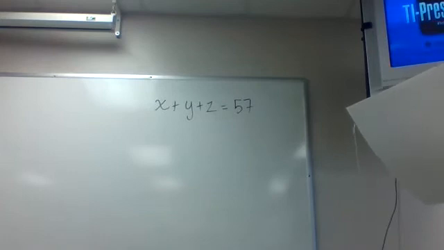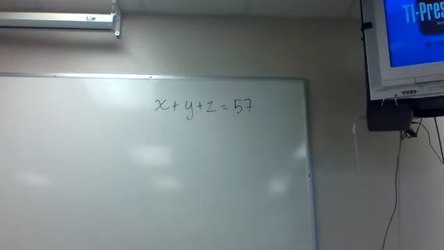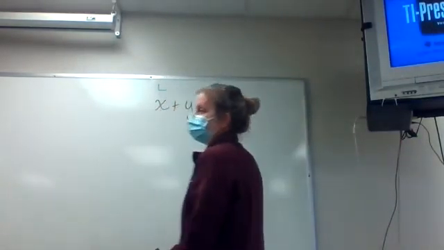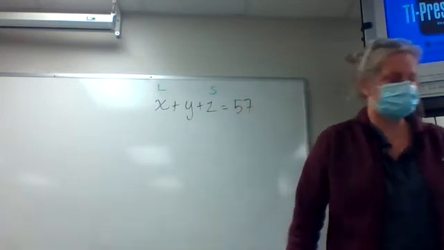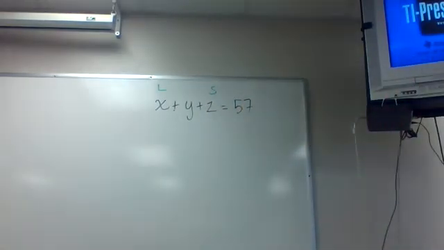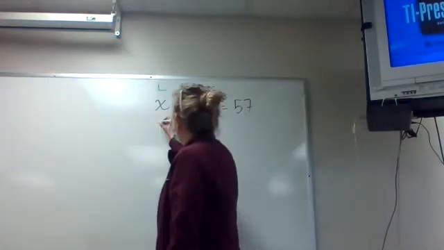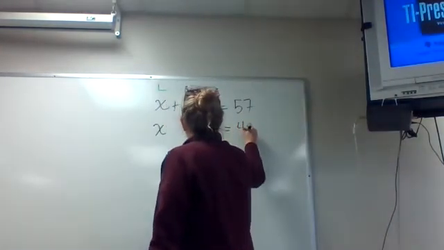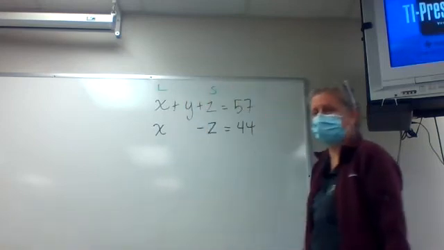The second statement says the difference of the largest and the smallest is 44. How do you find the difference? What are you doing? Subtracting. Okay, so I'm just going to say this is the largest, this is the smallest. So the difference between those is 44, which would mean X minus Z equals 44.